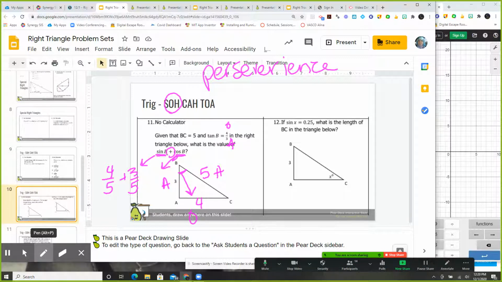All we're doing is substituting. So what is 4/5 plus 3/5? 7/5. That is 100% what it is. As long as the denominator is the same, you just add them up. Answer is 7/5.